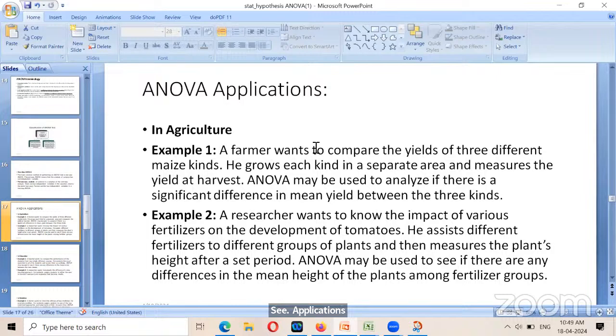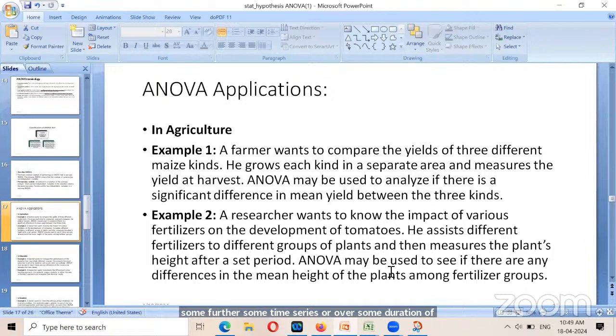The thing is that ANOVA is applied on very huge data sets. Number one, and number two, on data observed for some period of time or for a duration of time. So that is the main characteristic of ANOVA, that it is able to handle a huge amount of data and it is able to handle data which is observed as a time series or over some duration of time.